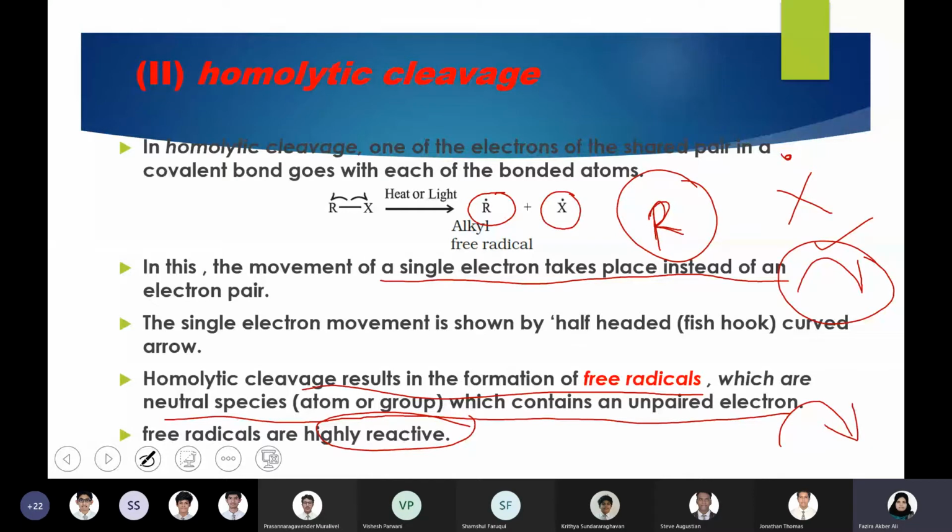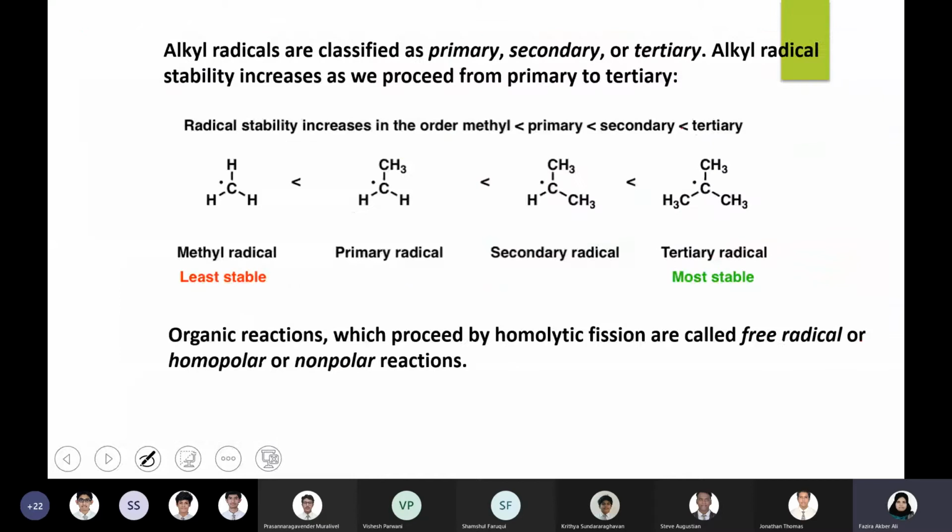Okay. So like in a carbocation, free radicals can also be classified as primary, secondary, and tertiary free radicals, and the classification is exactly the same way. If you have one alkyl group attached to the free radical, it is primary. If you have two alkyl groups, it is secondary.